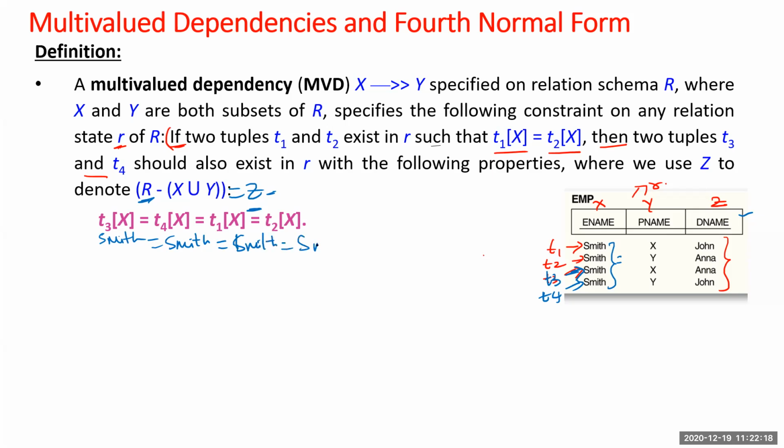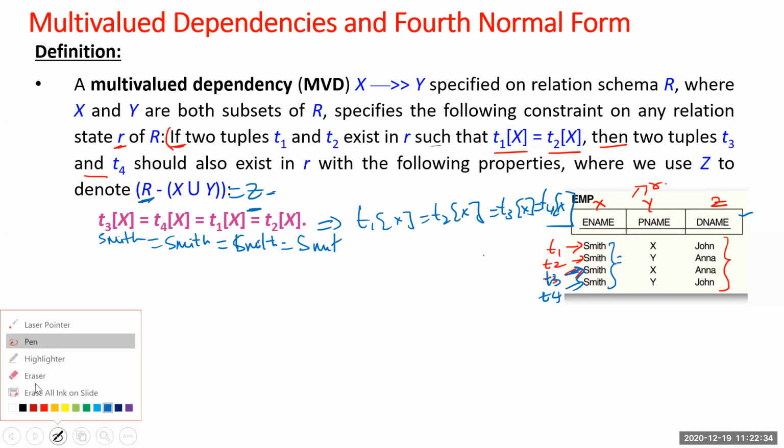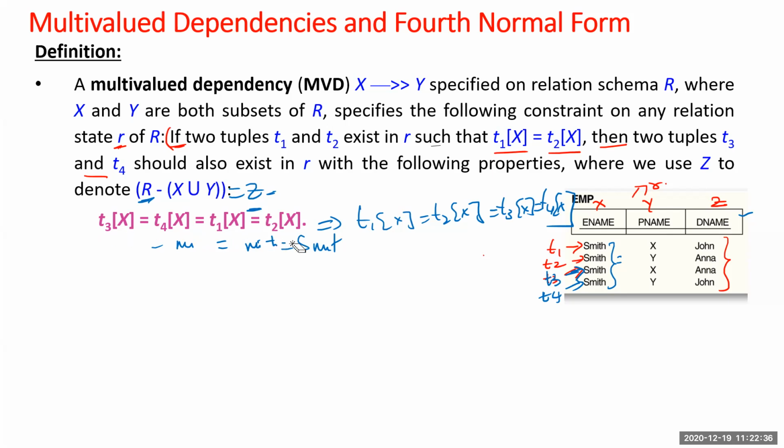T2 of x, Smith. You can also write it directly: T1 of x is equal to T2 of x is equal to T3 of x is equal to T4 of x. You can also write like this, however you want. But the next one you can't write like that, okay? So now all these four tuples are equal with each other, right?